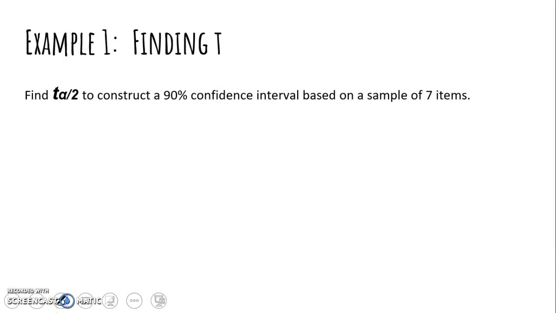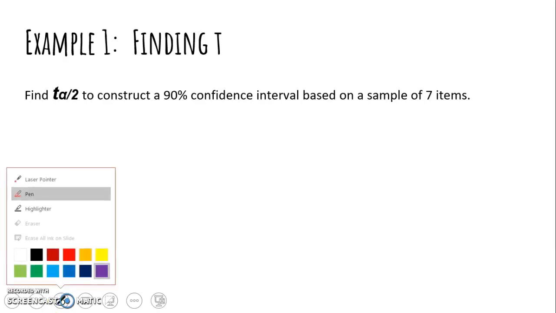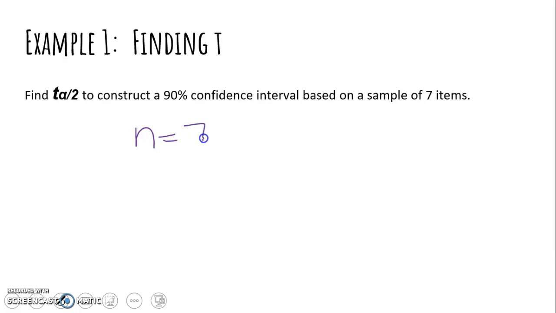Alright, so find the critical value to construct a 90% confidence interval based on a sample of 7 items. So if we have n equals 7, degree of freedom is 7 minus 1, which is 6.